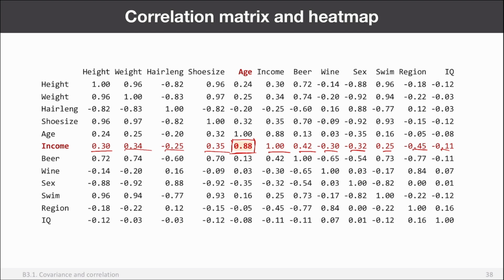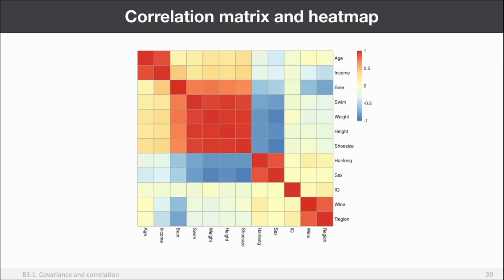Of course, it's a lot of numbers, and the representation of a correlation matrix in the numeric way is not very obvious about where the patterns are, which variables highly correlate, which variables do not highly correlate, and so on and so forth. So when you have this kind of correlation matrix, it's better to visualize it. And we visualize it using a heat map. What is a heat map?